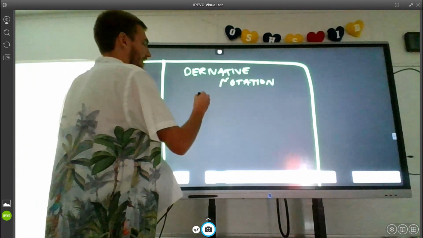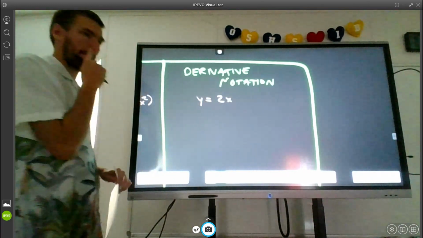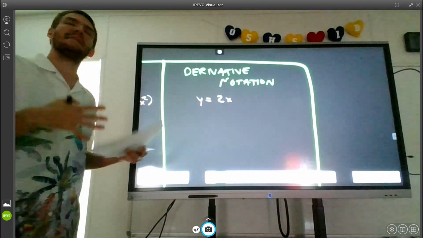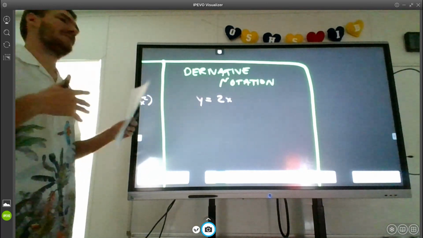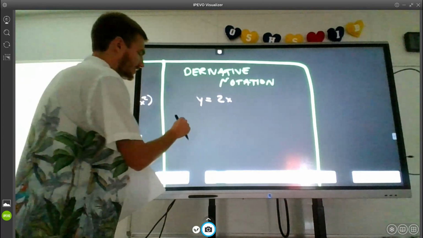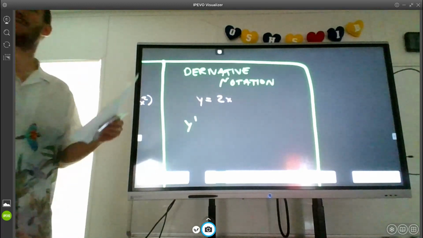So let's say that we have y equals 2x. Obviously that's very simple. The derivative would be very simple. Some different things you might see: of course, you might see this listed as y prime. That means the derivative.